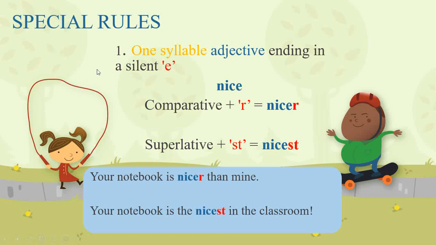The rule number one is that one syllable adjective ending in a silent E, to form the comparative, we use the adjective plus R. For example, for the adjective nice, it will be nice that ends in a silent E plus R. Then the comparative form will be nicer.